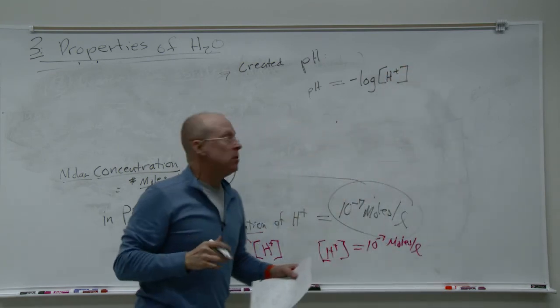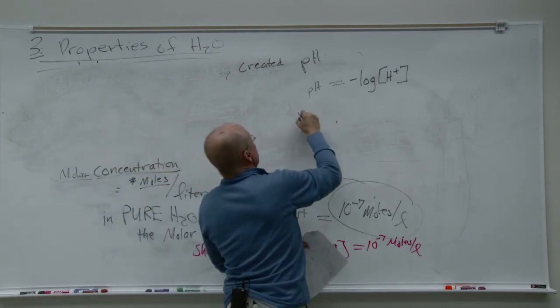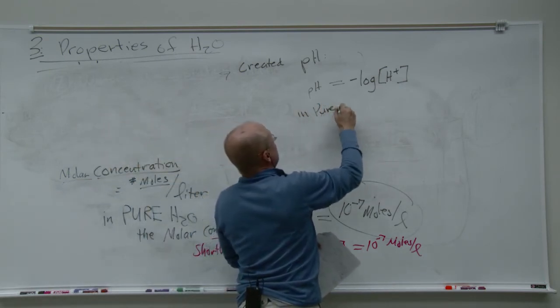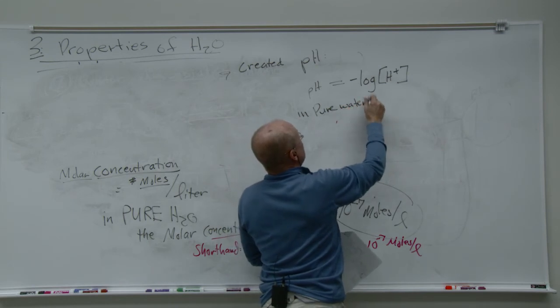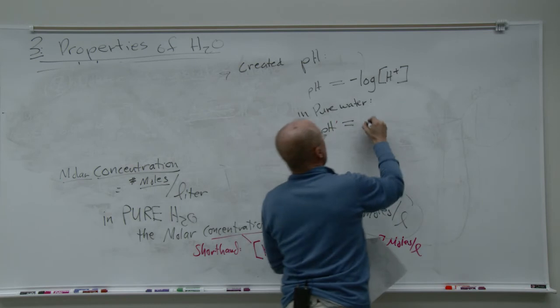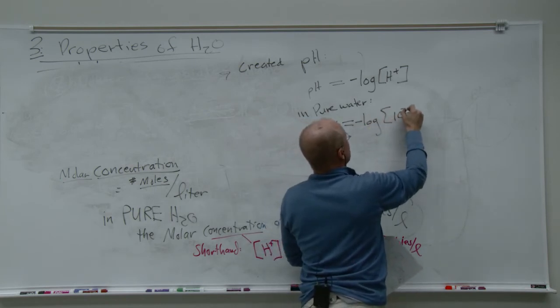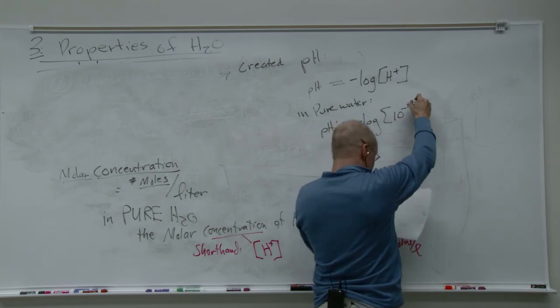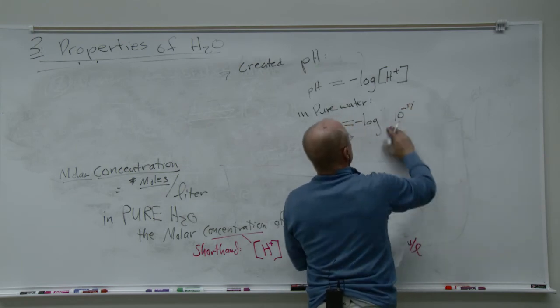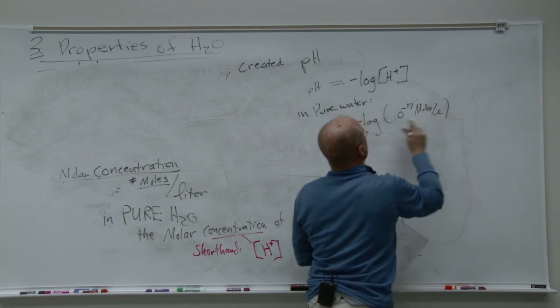That's huge. Now, just to let you know, in pure water, this equation becomes, the pH of pure water becomes minus the log of 10 to the minus 7th moles per liter, right? 10 to the minus 7th moles per liter.